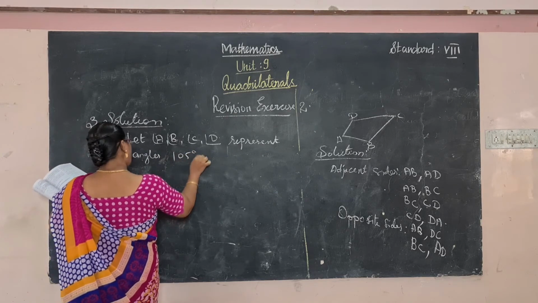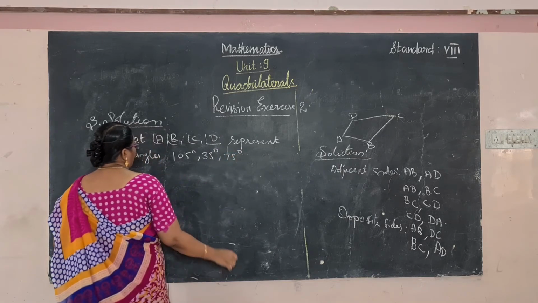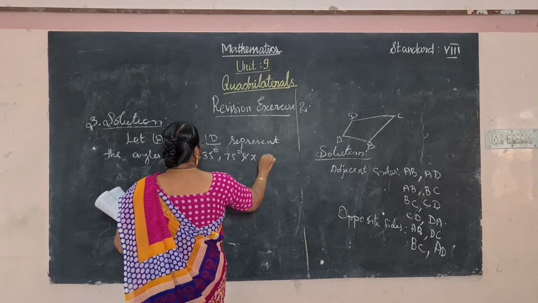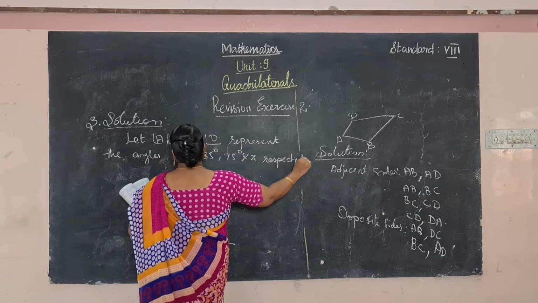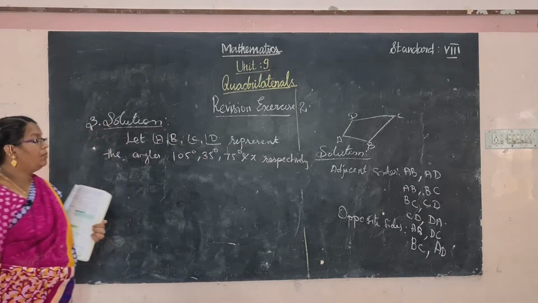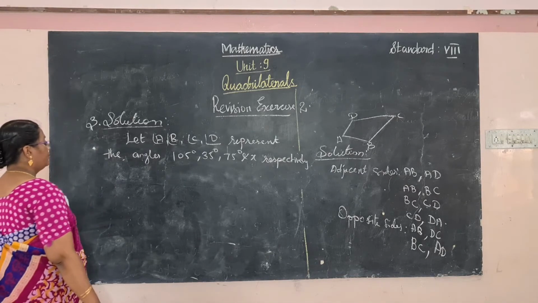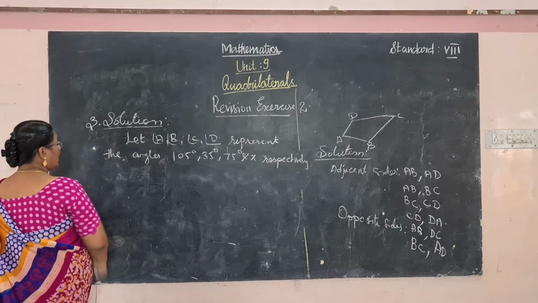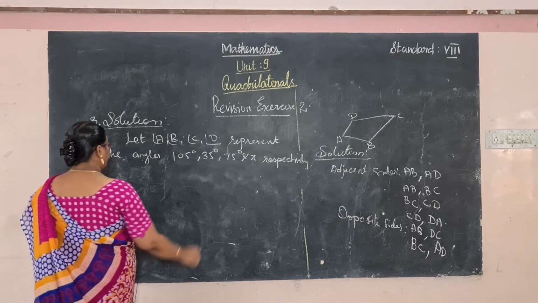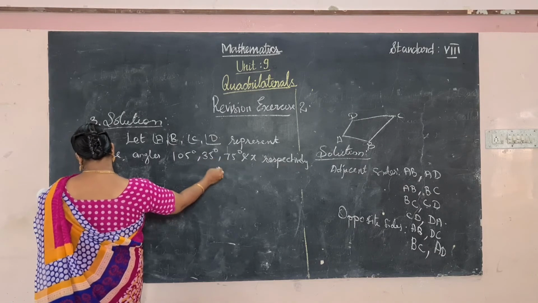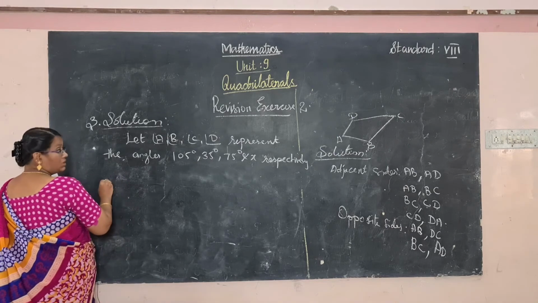105, 35, 70 and X respectively. Okay, let angle A, angle B, angle C and angle D represent the angles 105, 35 degree, 70 degree and for D we have considered X. Now using the angle sum property.